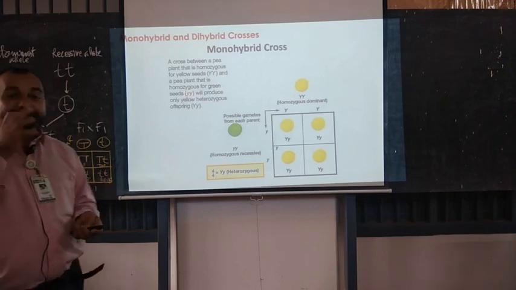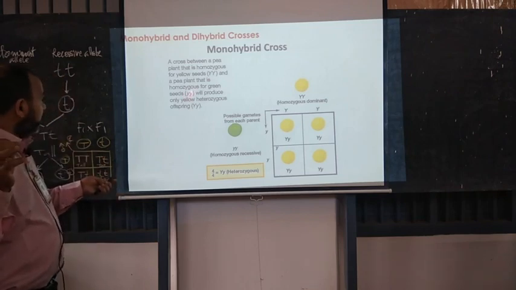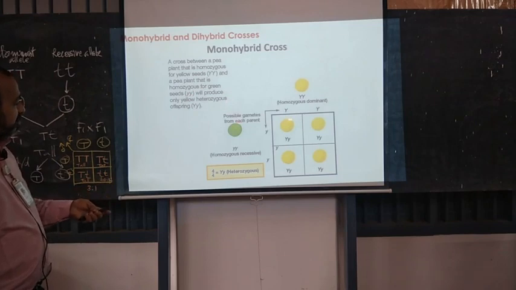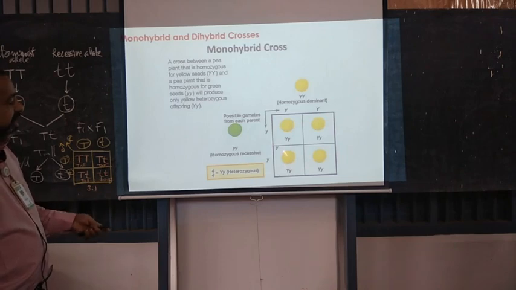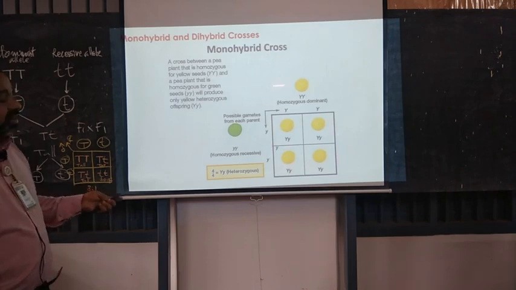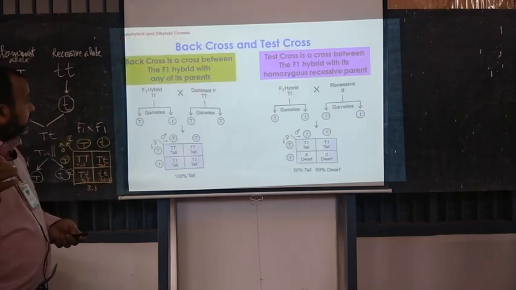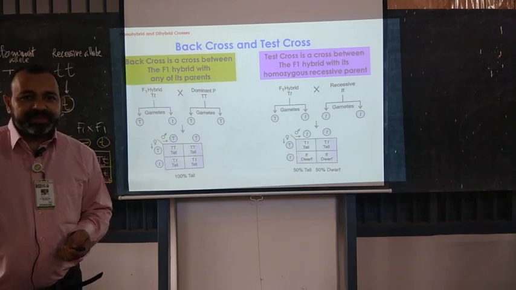So here we are considering only a single character, that is the seed color, whether it is yellow or green, and it produces a heterozygous progeny, where we find all the F1 generation having the yellow color due to the dominance.